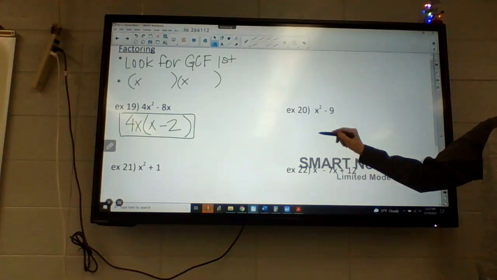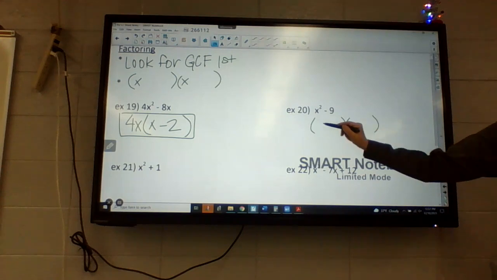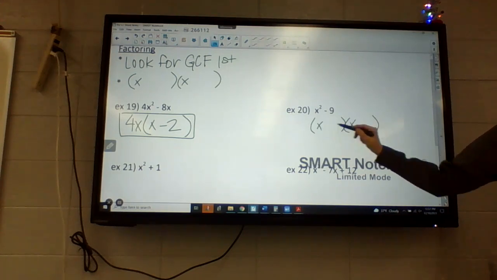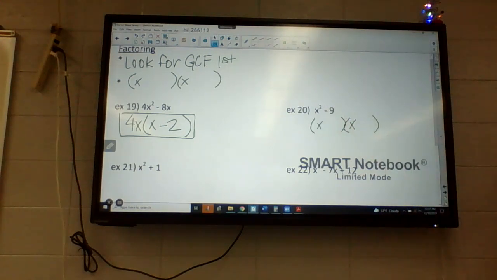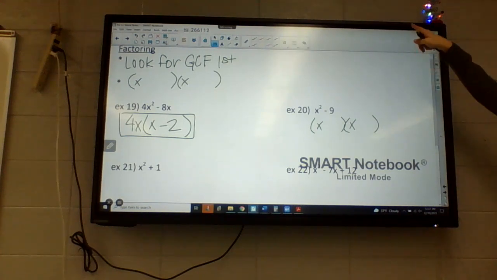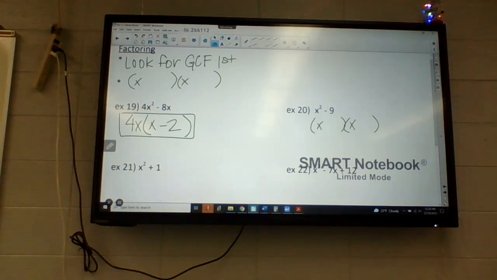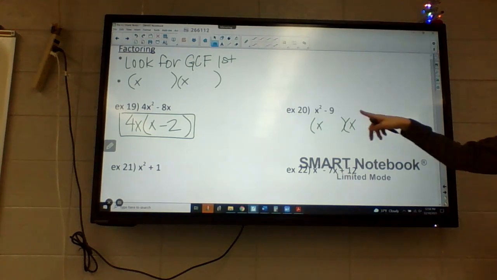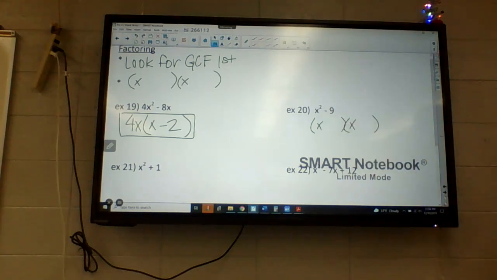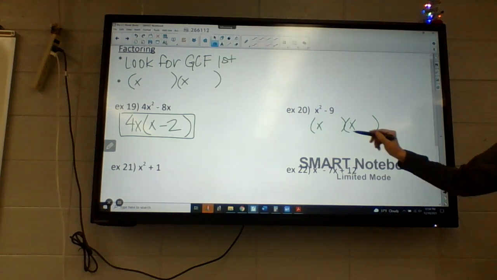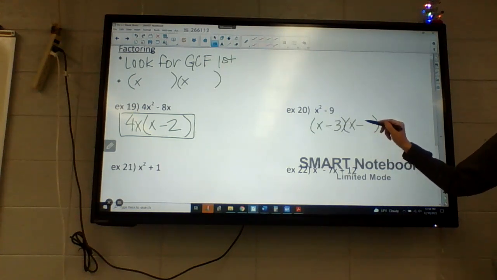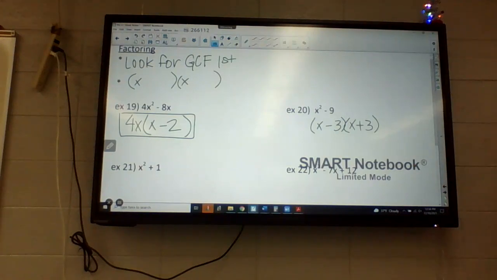Yes, we can, because x times x will give me x squared. This is just like number 18 we had done, the reverse of it. I want to multiply to negative 9, but I want the middle term to cancel out. Positive and negative 3 would cause that middle term to cancel out to give me that negative 9.